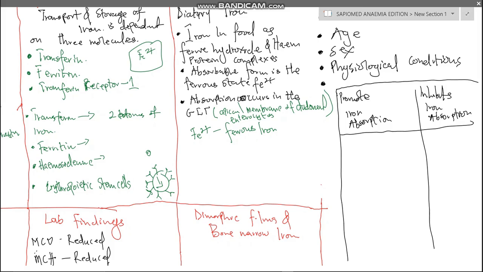So let's talk about factors that promote iron absorption.